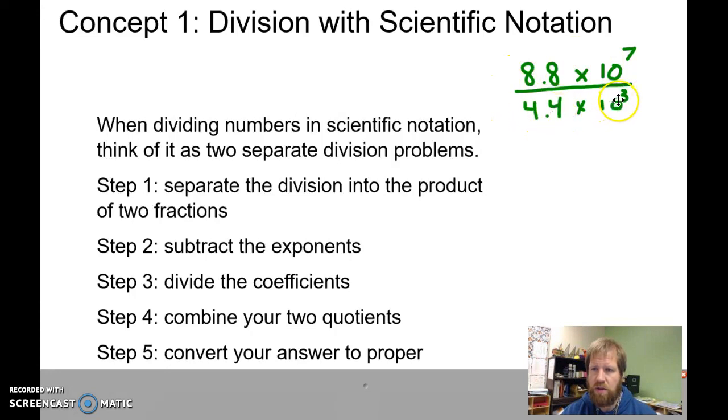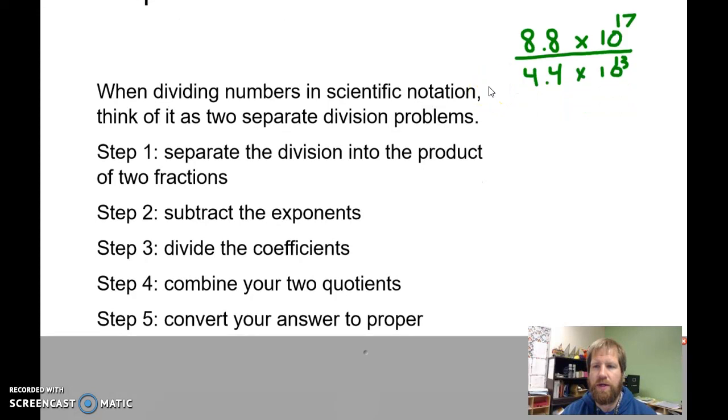And this bottom one, if we move the decimal point over 3, that would be 4,400, right? That's something your calculator could handle. But if we had a problem like this, suddenly this is too many places for your calculator, and your calculator cannot do this problem. Okay? So we need to know how to do that ourselves.